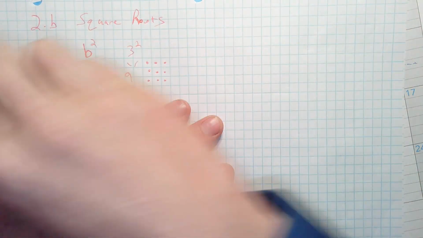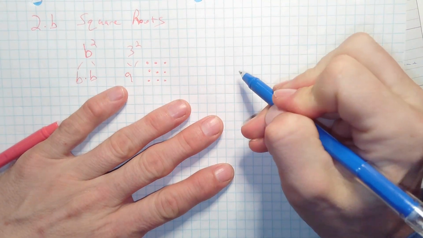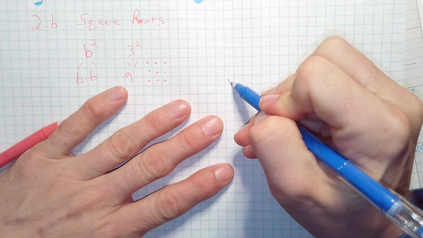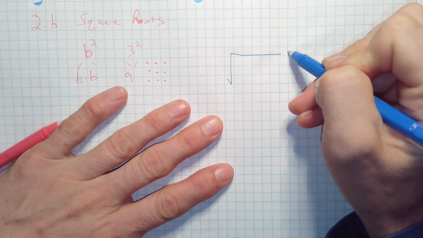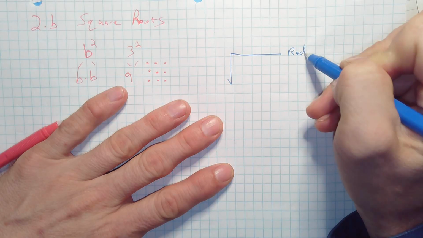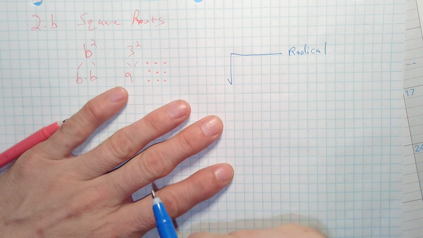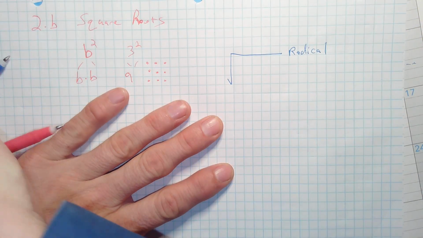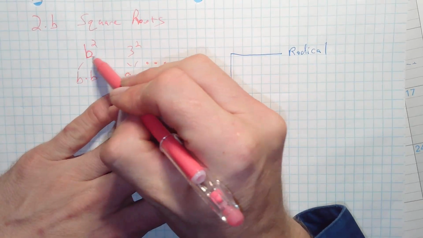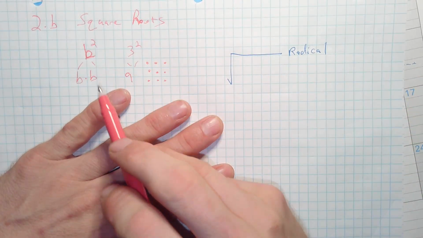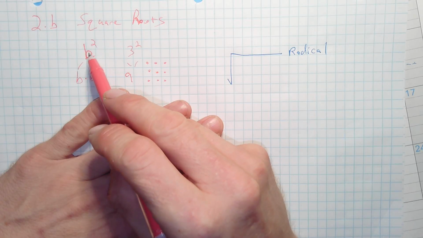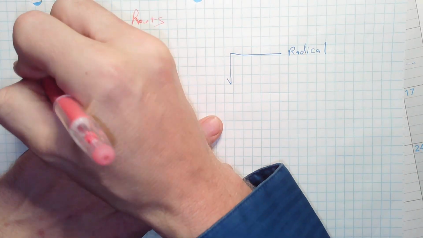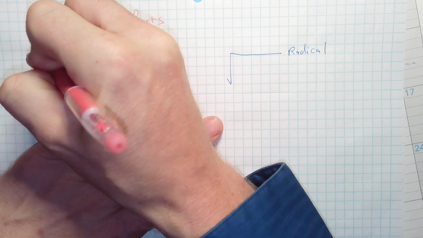All right, so the first one we're going to learn to use is this symbol right here. It looks kind of like a division sign, but it's not. It is a radical. This is a radical. And similar to the base and exponent, remember, this was the base and this was the exponent.